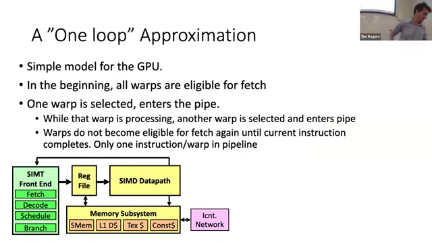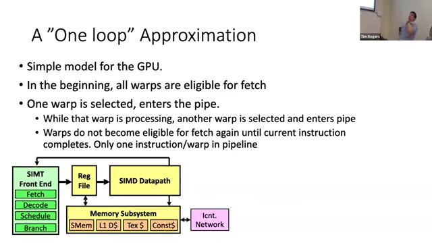So that's what we're calling, at least in the book here, the one loop approximation of a GPU core. Meaning we have one scheduler that's just going to pick which warp to fetch from on any given cycle. I'm not going to fetch from that warp again until the instruction I fetched is complete. And then I'm just going to switch between warps to cover the latencies in my pipeline.